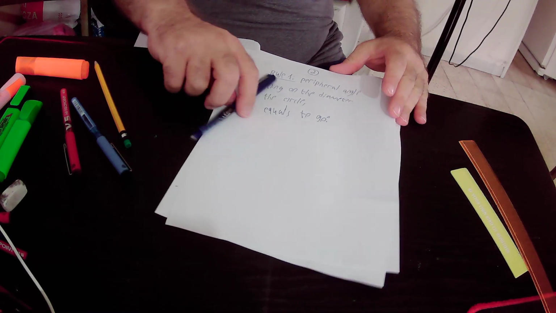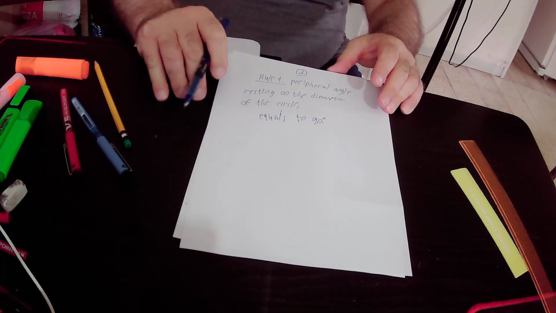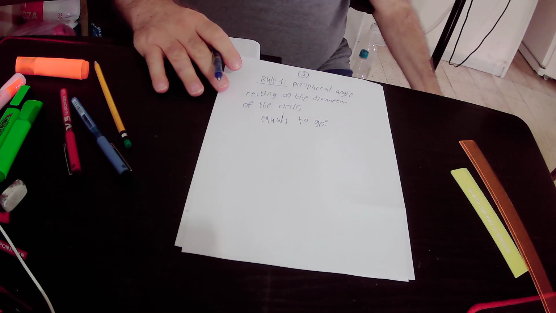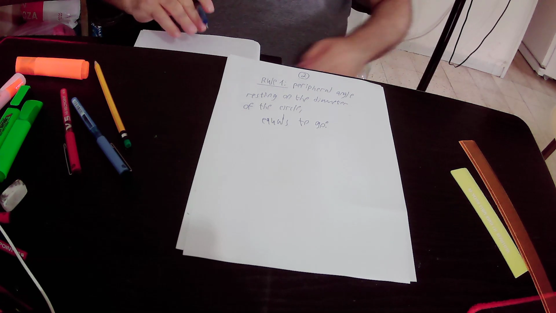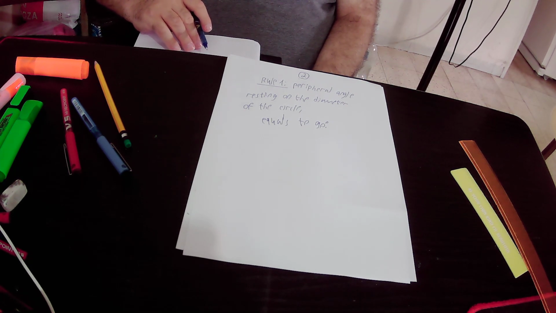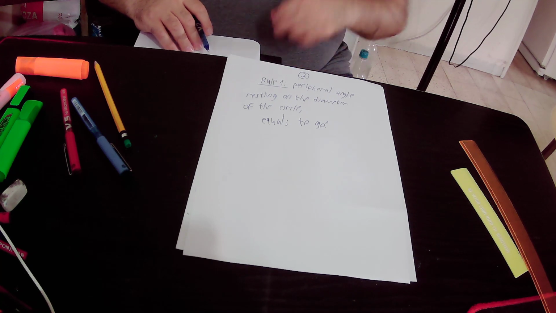I will read rule number 1 again. Rule number 1 states that peripheral angle resting on the diameter of the circle equals 90 degrees.